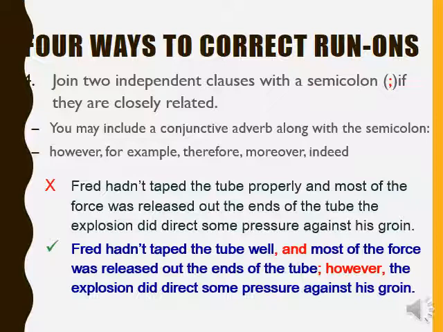So this way we divided the sentence into parts using comma, semicolon, coordinating conjunctions and conjunctive adverbs in order to have a correct sentence. Notice how the sentence is punctuated. See, before the conjunctive adverb you put a semicolon, and after the conjunctive adverb you add a comma.